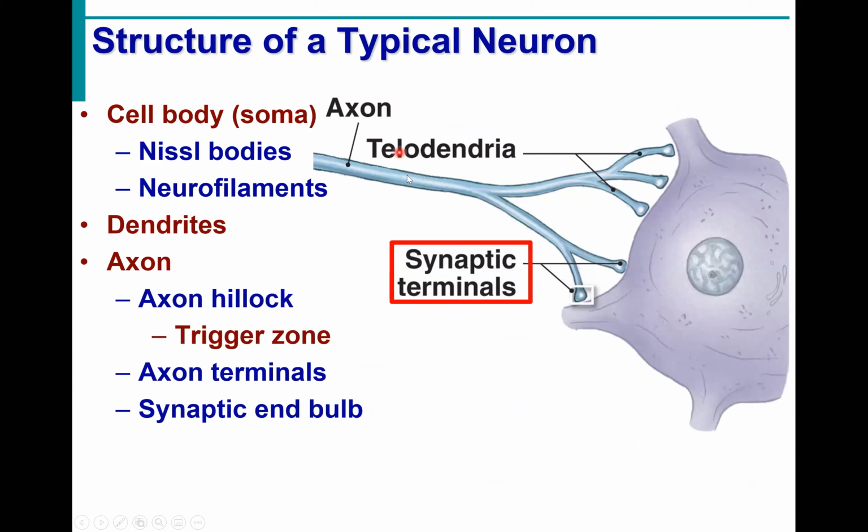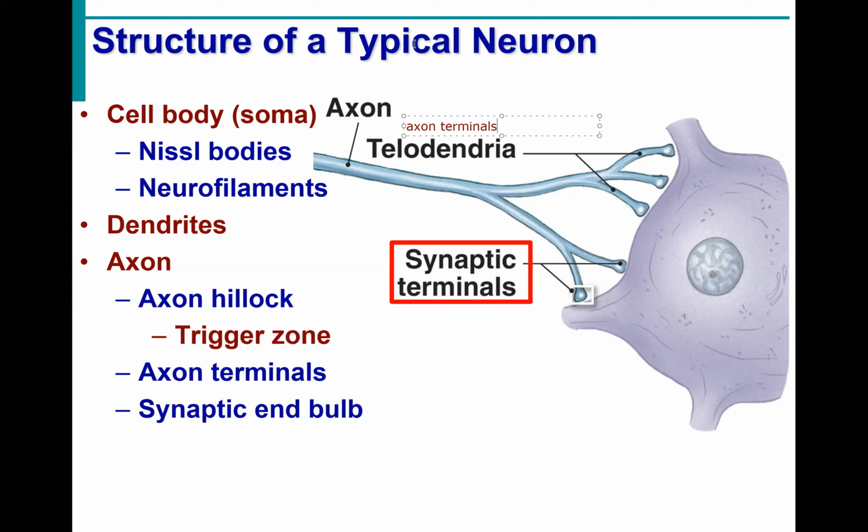When we look at the other end, and I clear my pretty picture. Again, notice here these are the terms that were used. I don't think this is even from your textbook. I think this is from another textbook. Telodendria, which again, you're welcome to use the term telodendria. We are calling them the axon terminals. So those two terms are interchangeable. They use the term synaptic terminals.